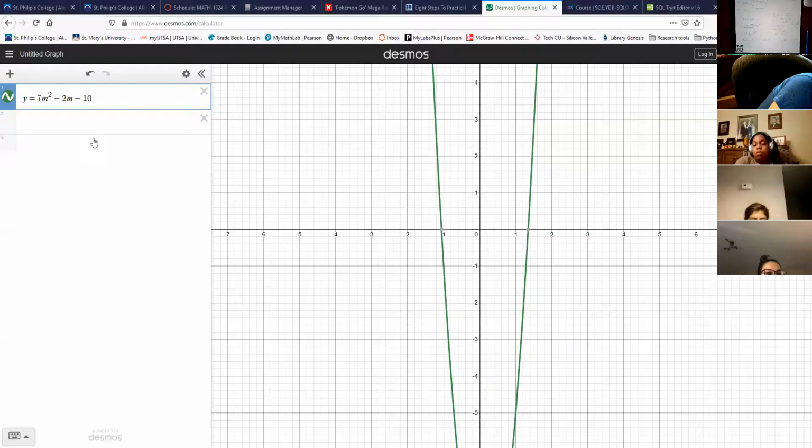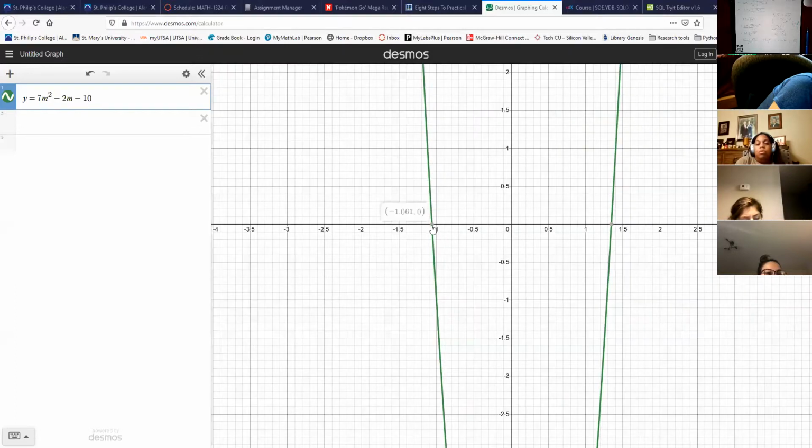So if we were to graph this guy, right? This is the question you gave me. I just moved the negative 10 over, so we did at the beginning. And we set it equal to 0. So if y is 0, then that means you have 2 x values that make it 0. So graphically, it has to be the points that touch the x-axis, right? Because that's what it means. Y equals 0 meaning I'm hitting these points.